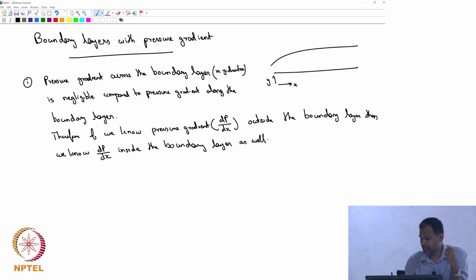Okay, so knowing the pressure gradient outside the boundary layer essentially helps us to determine the pressure gradient inside the boundary layer. So that's one of the things that we learned.